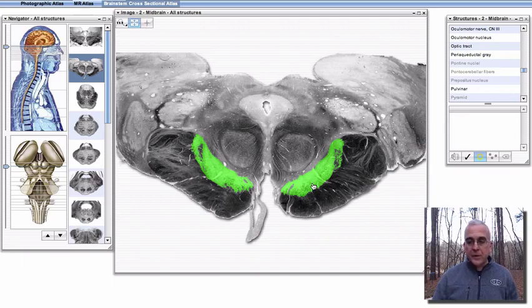Okay, let's look at the dorsal part of the midbrain. And again, if we think about what we see from the outside when we look at the midbrain, you may recall that there are these 4 bumps. They're called colliculi, which means little hills. There are a pair of superior colliculi and a pair of inferior colliculi.